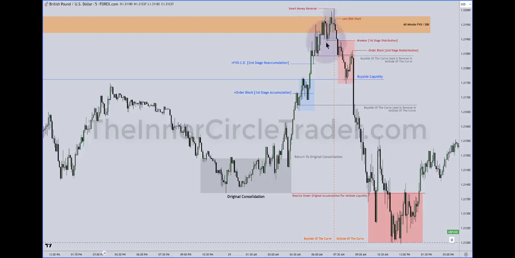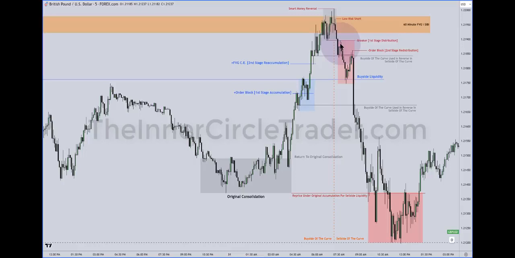Buy side taken, shift in market structure, fair value gap, go short. That's model 2022. Ooh. This right here, trading up into that is the 7 o'clock in the morning to 9 o'clock in the morning, New York Open kill zone, silver bullet. Man, how many silver bullets? I got a whole rack of silver bullets.